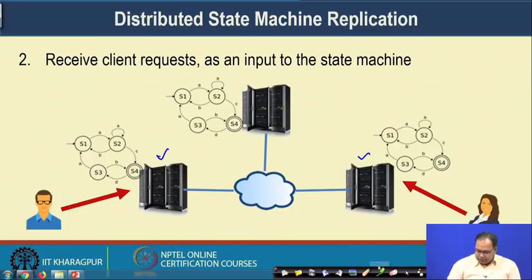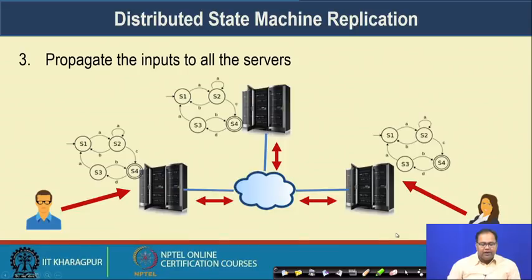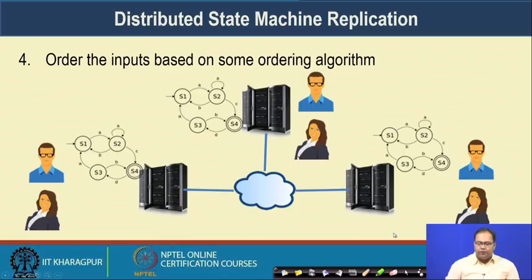So, to achieve this, the state machine replication mechanism works on the principle that you propagate these inputs to all the servers. So, all the servers have the input that Bob has transferred the money and Alice has transferred the money. Then you order the inputs based on a certain ordering algorithm. You can have an associated timestamp with every individual transaction.